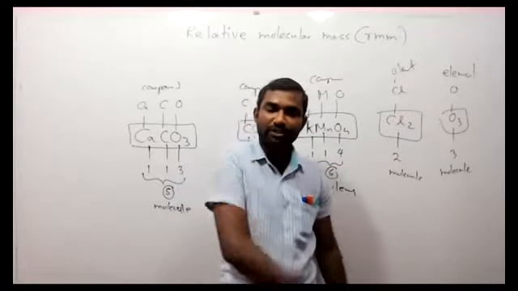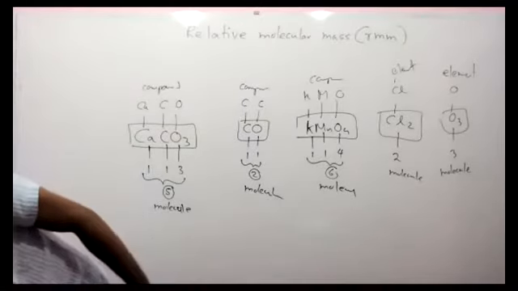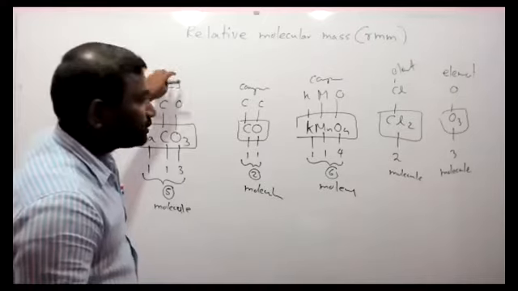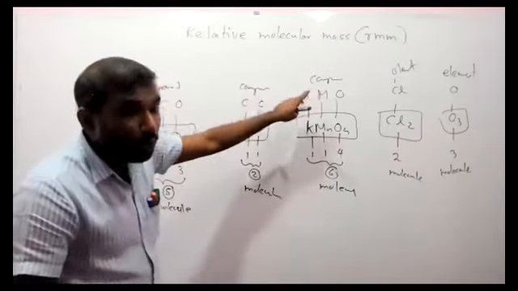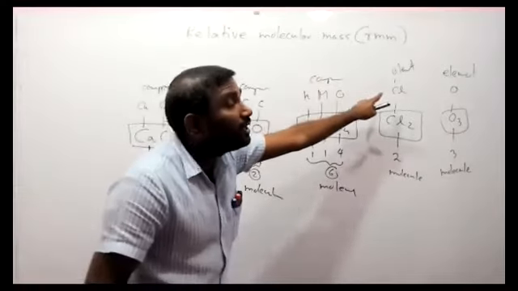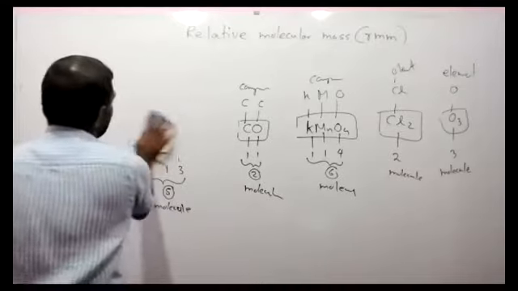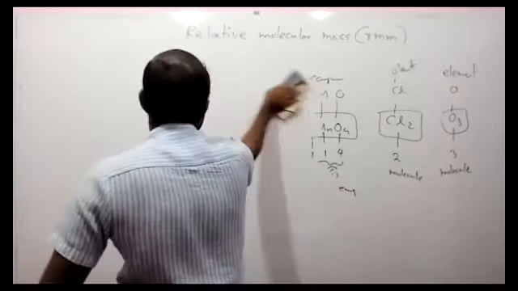So what should be the definition, children? Tell me with me. The ratio between the mass of one molecule of an element or compound and 1/12 the mass of an atom of carbon-12 isotope, you call it relative molecular mass. I hope you have understood that.